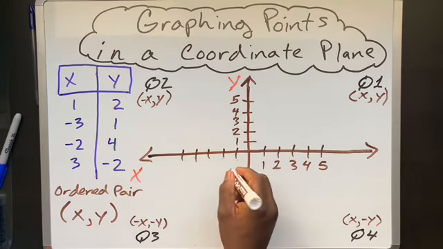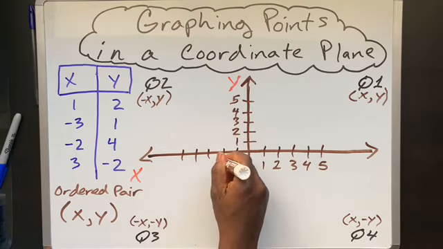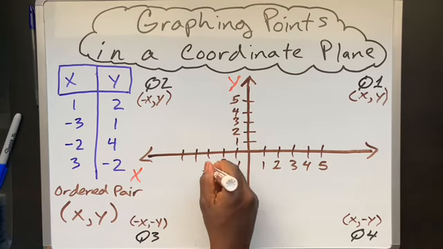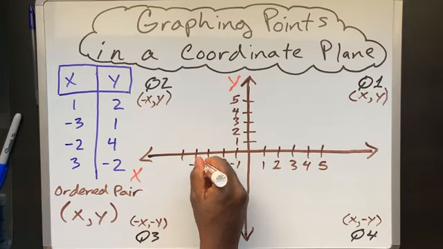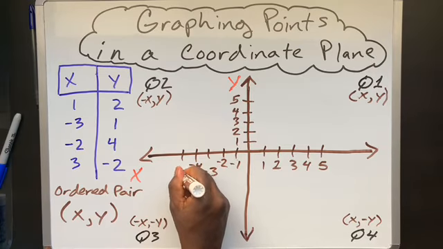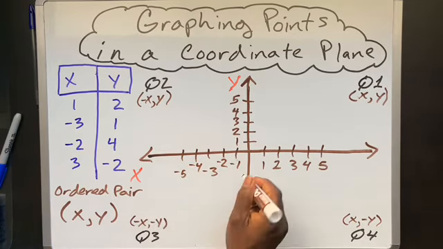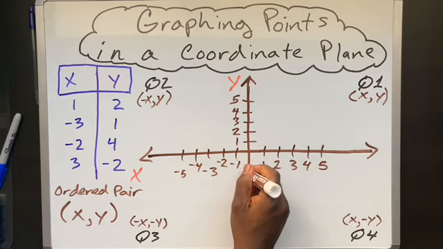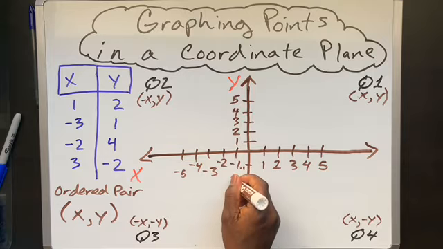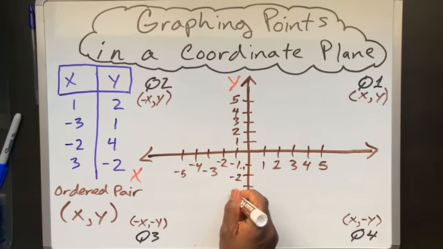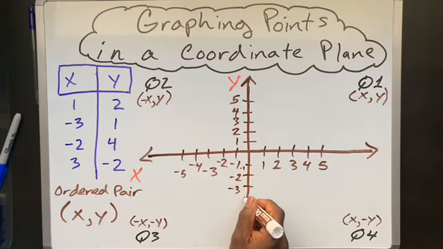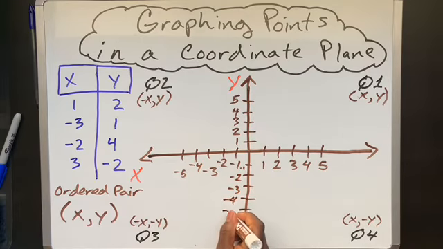So I'll make that -1, -2, -3, -4, -5. And then here, that's your -1, -2, -3, -4, -5.